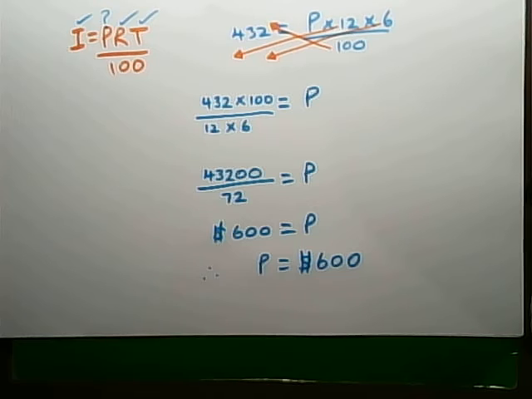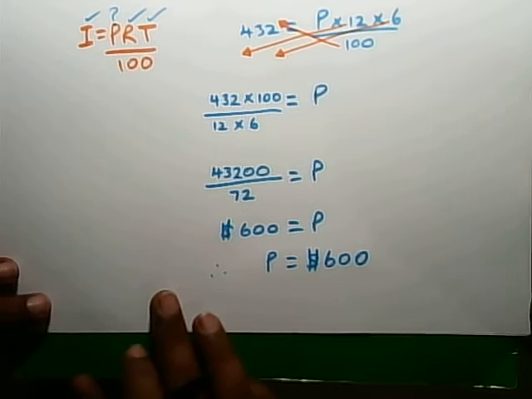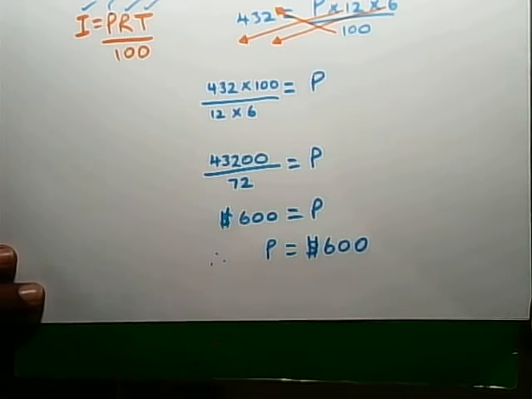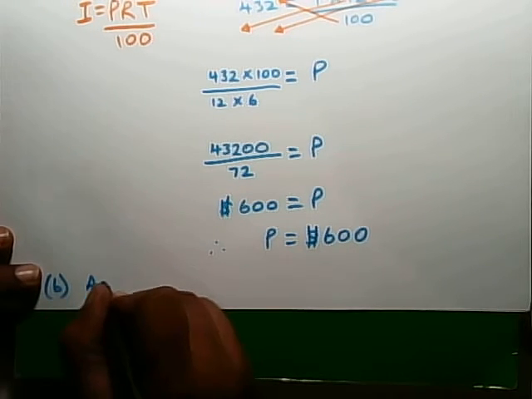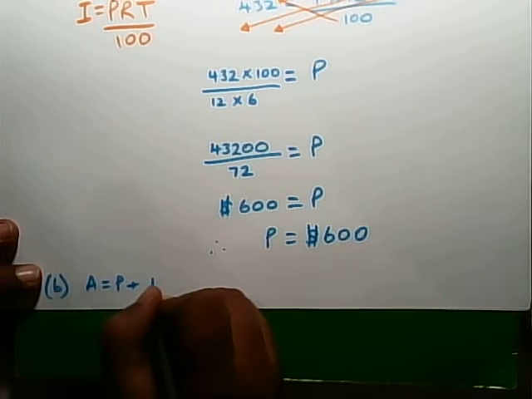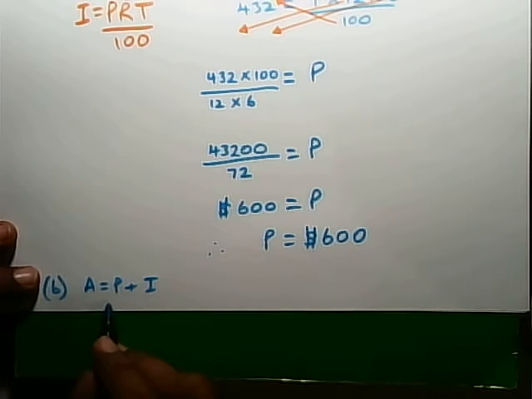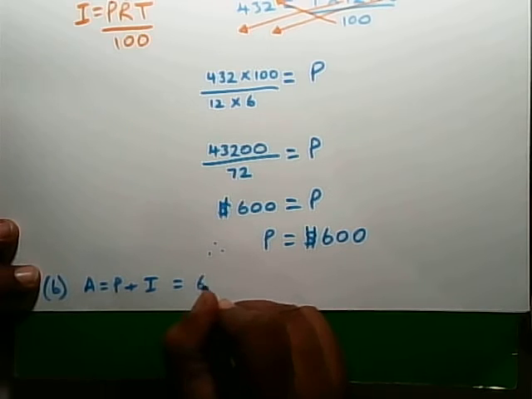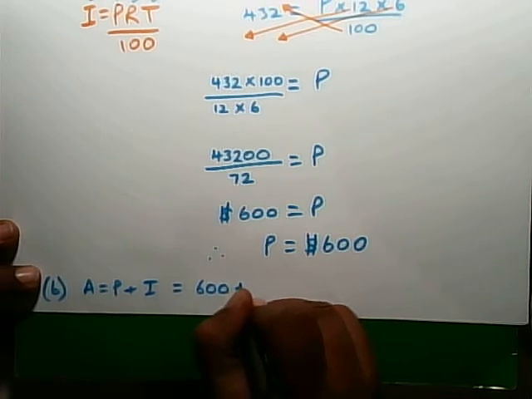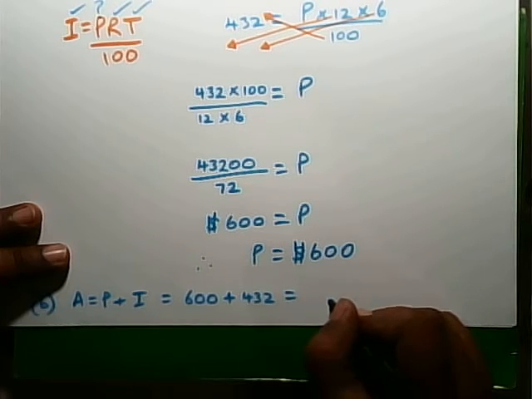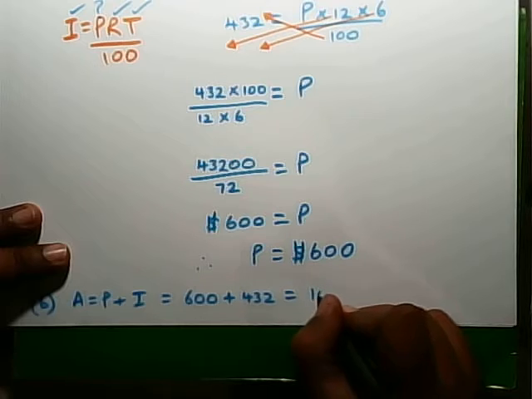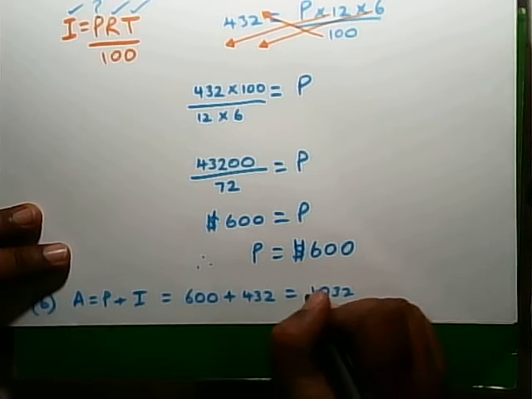If I was to ask you, what's the total amount accrued after 6 years? If this was another part of the question, the amount accrued would be the principal plus interest. Now that we know the principal is 600, we could continue with 600 plus the interest of 432, and what we will get is $1,032.